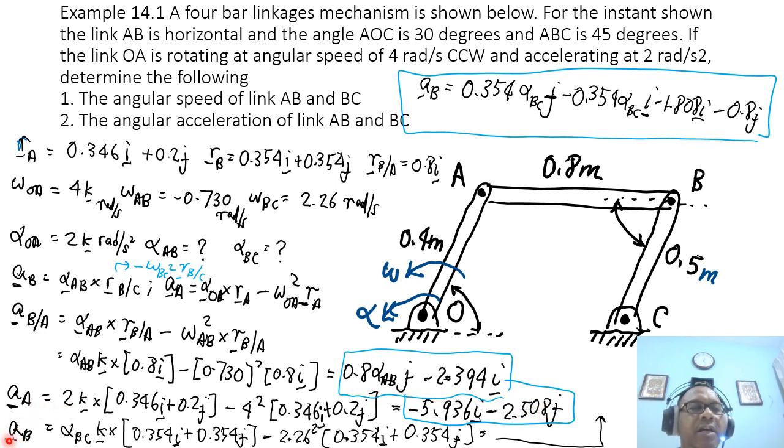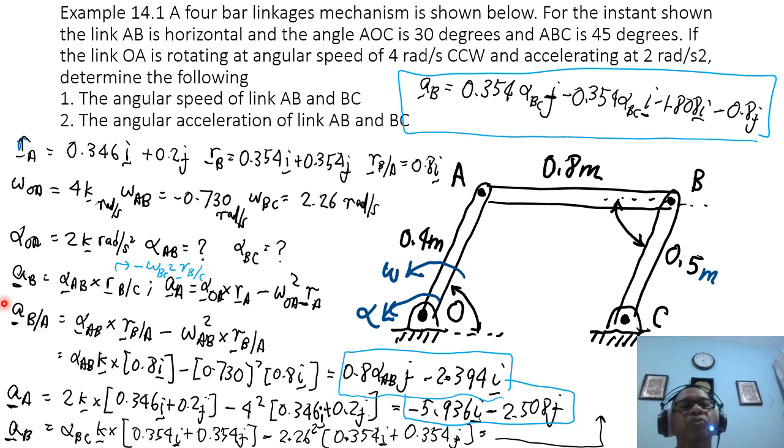Finally, for B, alpha BC K cross the position vector minus omega squared times 0.354, plus the position vector of B relative to C, and I obtain the acceleration of B as 0.354 alpha BC j minus 0.354 alpha BC i minus 1.808i minus 0.8j.